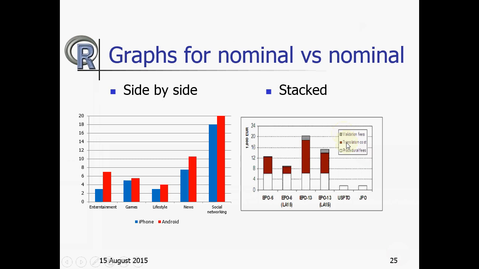You have the validation fees, transaction costs, and procedural fees. For example, you can see clearly that to get an Apple 13 patent, you have a lot of transaction costs, while Apple 6 has the same procedural fees but much lower transaction costs. And you also get the total. So stacked is useful only whenever you can get a meaningful total.